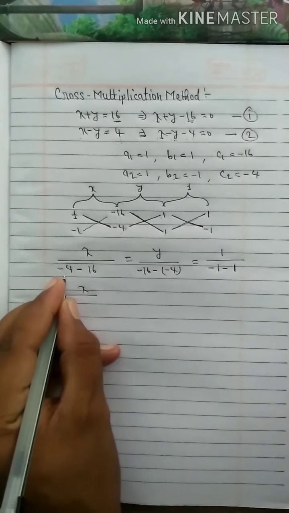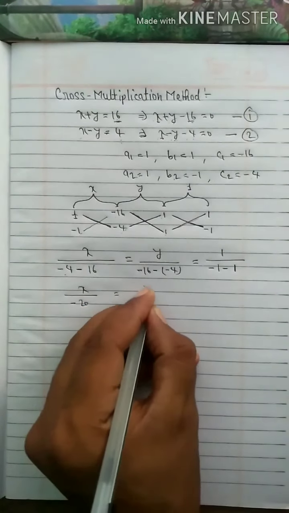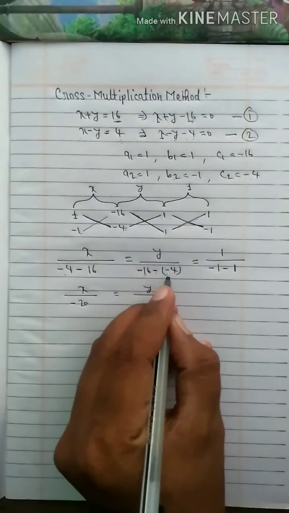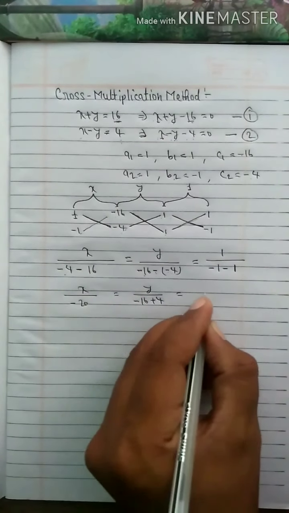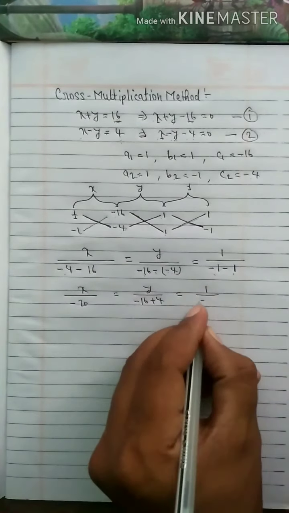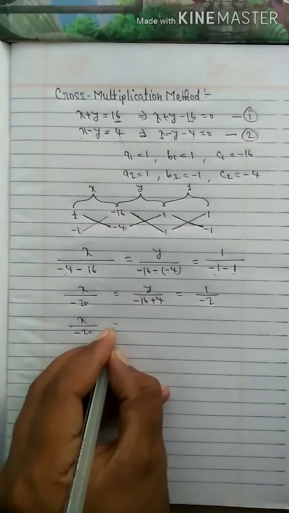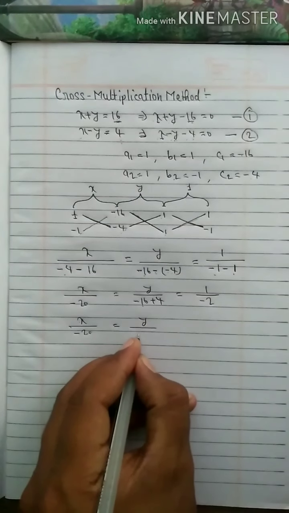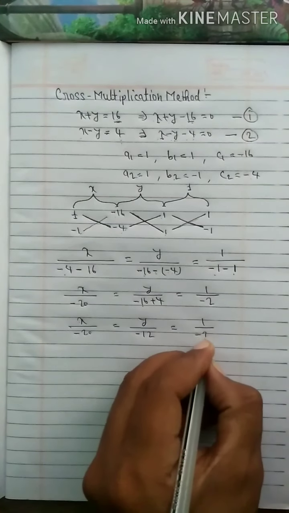So x upon minus 4 minus 16 minus 20 equal to y upon, and now here open the bracket, minus minus plus, minus 16 plus 4 equal to 1 upon minus 1 minus 2, and now x upon minus 20 equal to y upon minus 16 plus 4 minus 12 equal to 1 upon minus 2.